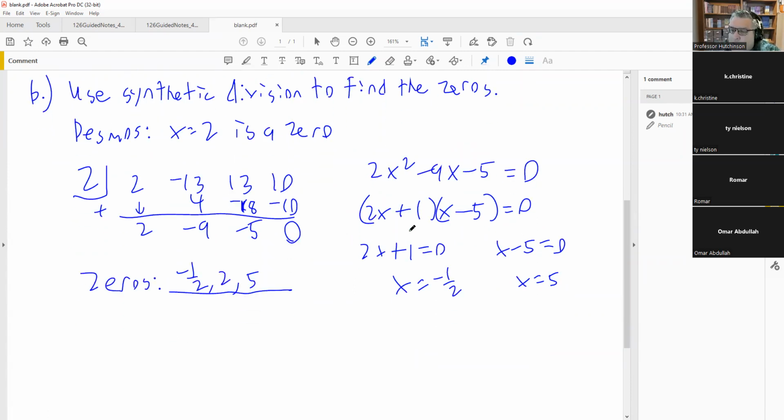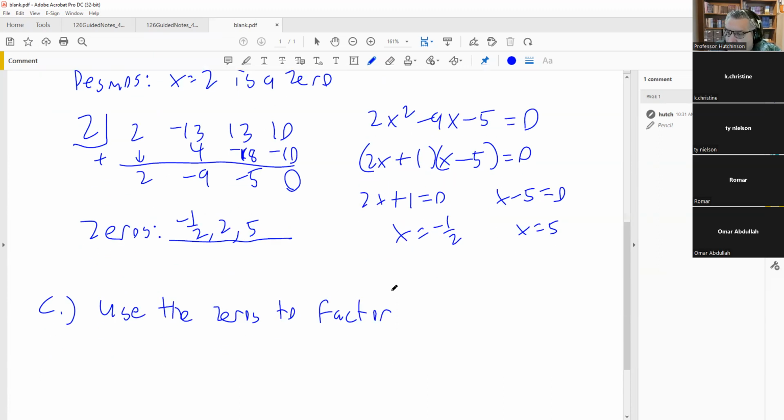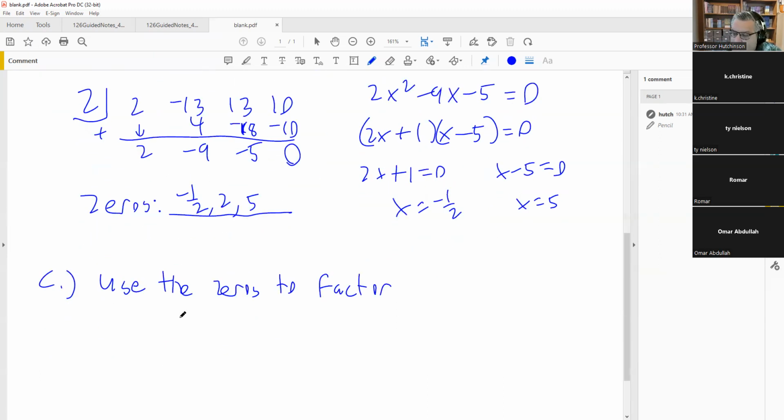Okay, now that that's complete, part C says use the zeros to factor. So now that I have that complete, what I'll do is the first part of my answer.